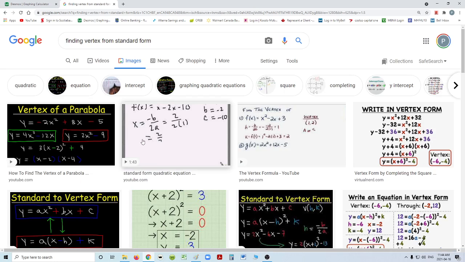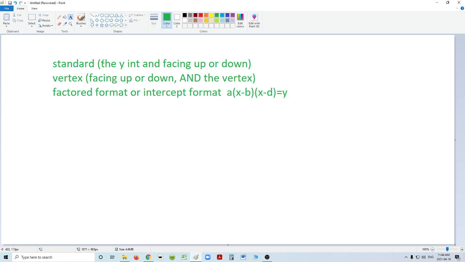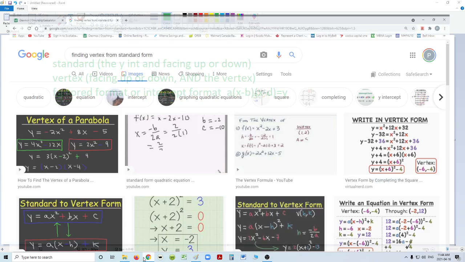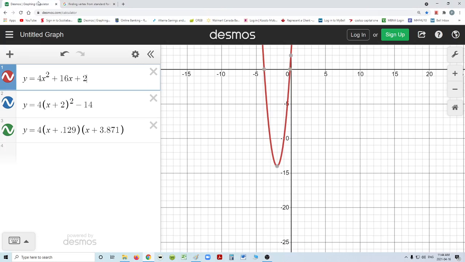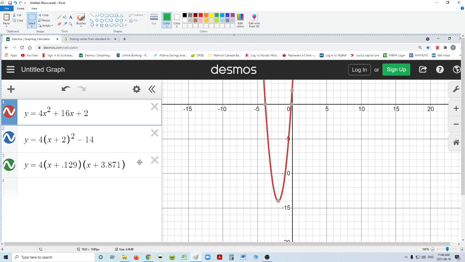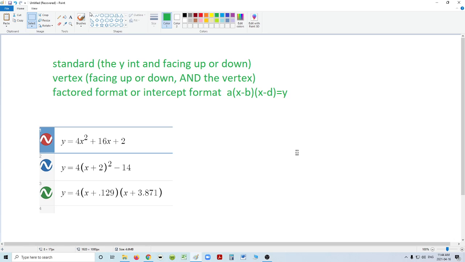And yeah, it's minus b divided by 2a. So minus b divided by 2a. So let's say you have a standard form, and I'll just steal it from Desmos here. Minus b divided by 2a. So let's say you have these three here, and you don't want to go through completing the square.